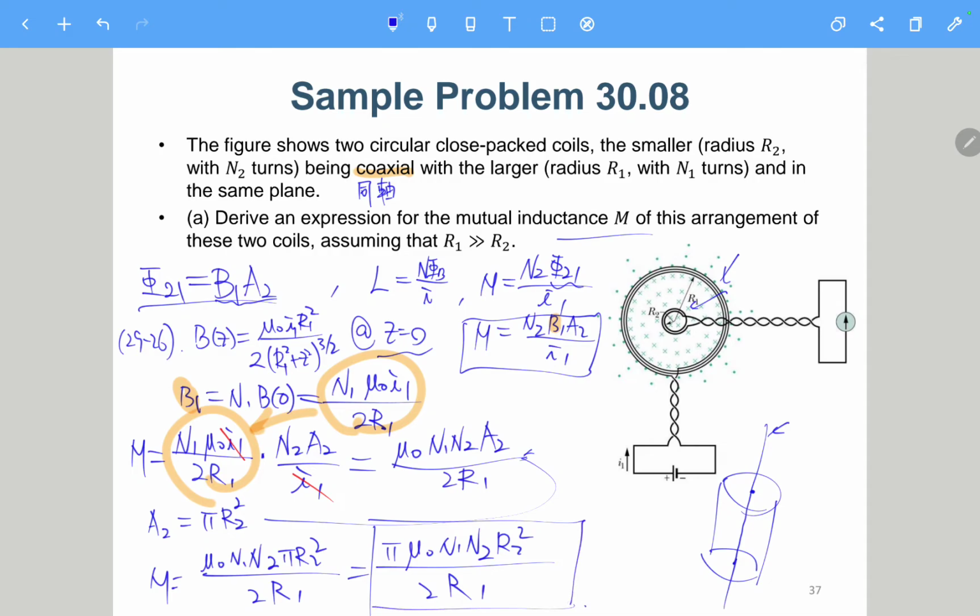Yeah, it looks a bit complicated, but you need to distinguish which one we should put 1, which one we should put 2. So here we try to generate some current for the first coil and generate the magnetic flux for the second coil. So as much as you know what is going on, then you know which one to put 1, which one to put 2 for the subscript, and then finally you can get this expression.